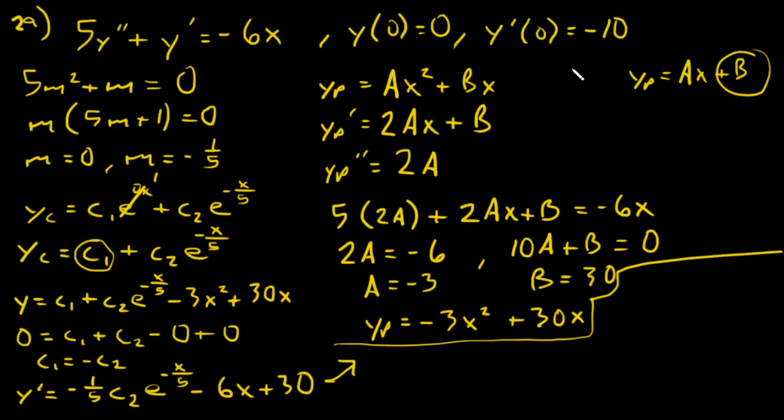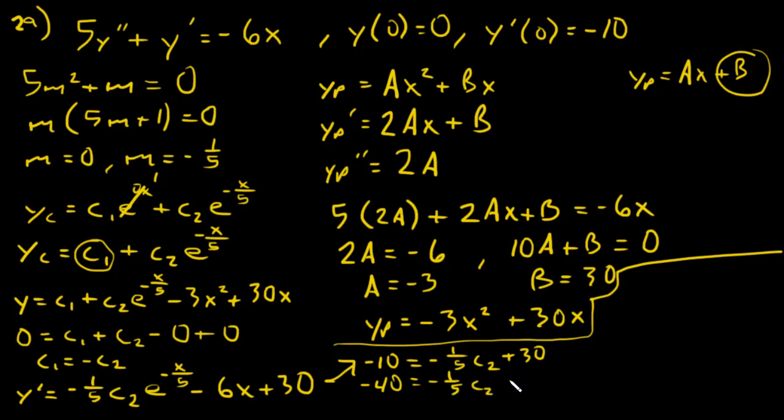So if I plug in this initial condition, I'm going to get negative 10 equals negative 1/5 c2. Again, this term goes to 1. This is a 0, and then I'm left with plus 30. Swing it over. Negative 40 equals negative 1/5 c2.